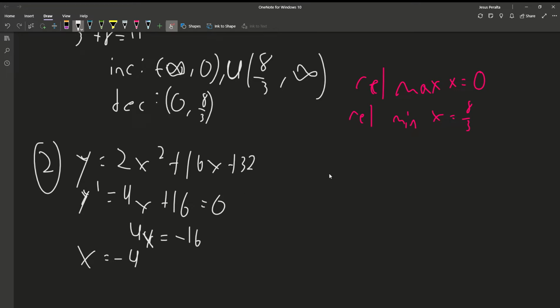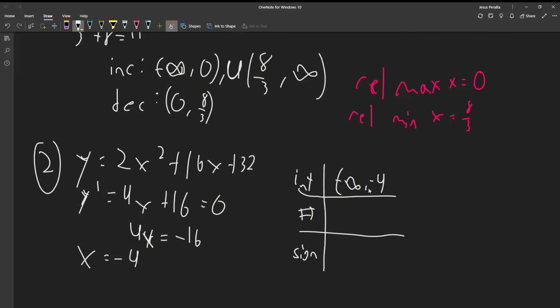So now we're just going to make a little chart as we always do. So this is our interval, this is our number, and this is our sign. Okay, now we're going to write negative infinity to negative 4. I know my handwriting is really bad.